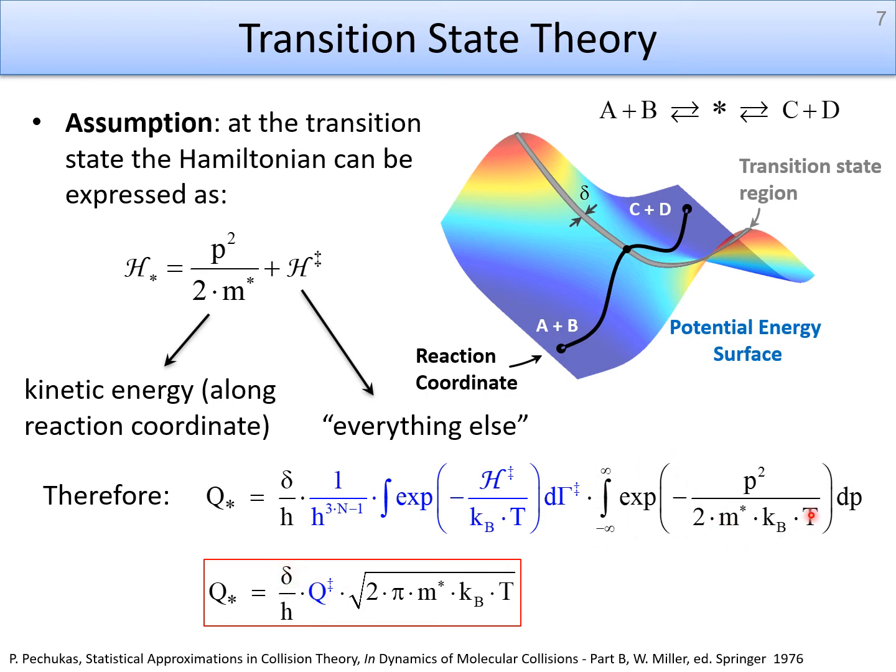Now, this term here, we have seen similar terms before. We have treated similar integrals. So this is simply the square root of 2 pi m star times kBT. M star is the reduced mass of the system, which is a function of the masses of the reactants here.